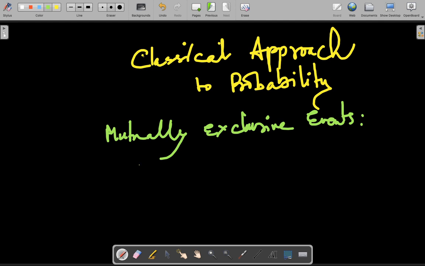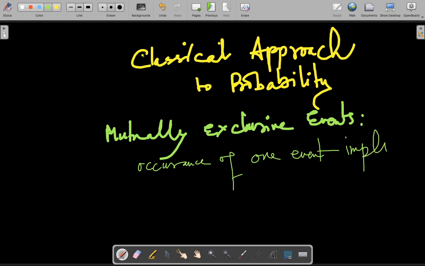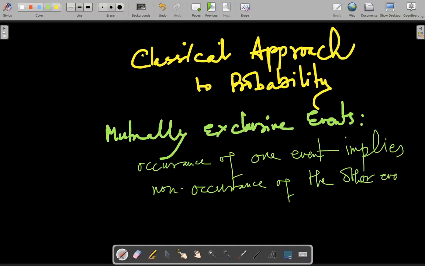Occurrence of one event implies non-occurrence of the other events. For example, if I am tossing a coin and I'm getting a head, that automatically entails that I don't have a tail. That's how we define mutually exclusive events.